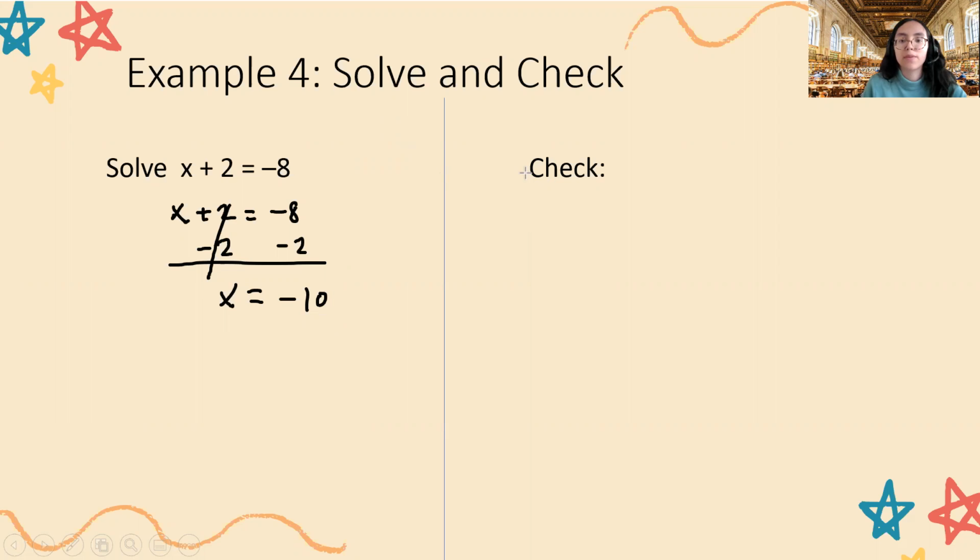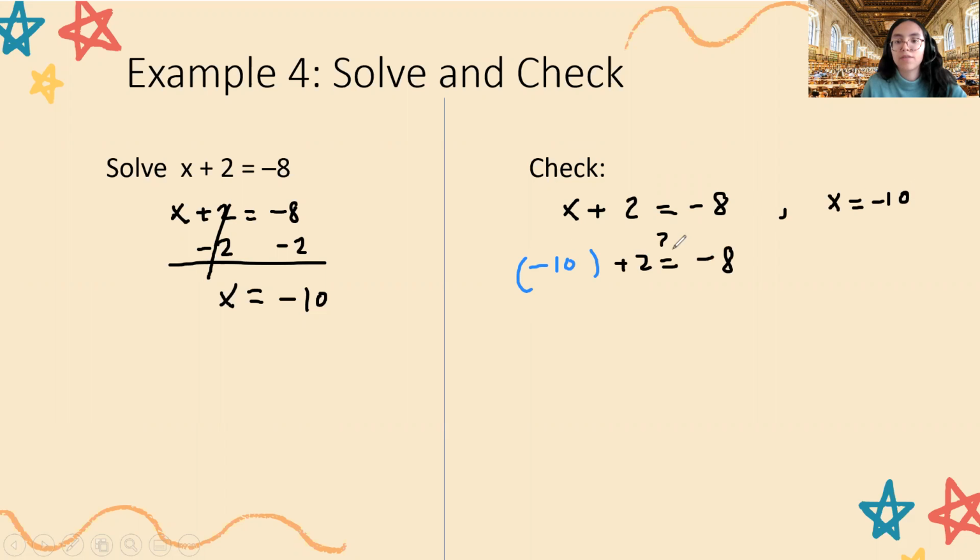So here on the right-hand side, I'm going to write my original equation. And I'm going to plug in x is equal to -10 into this equation. So wherever I see x, I write -10. Then I bring down my 2. And I'm checking if this side is equal to this side. Okay, so here I have -10 plus 2.